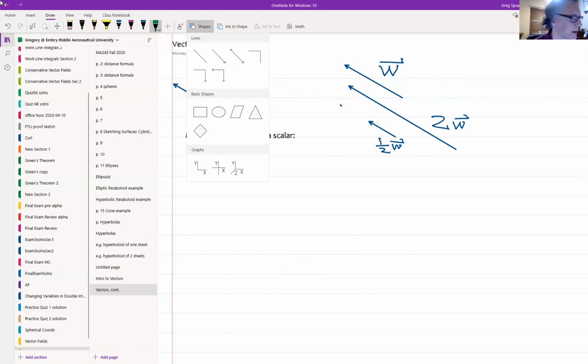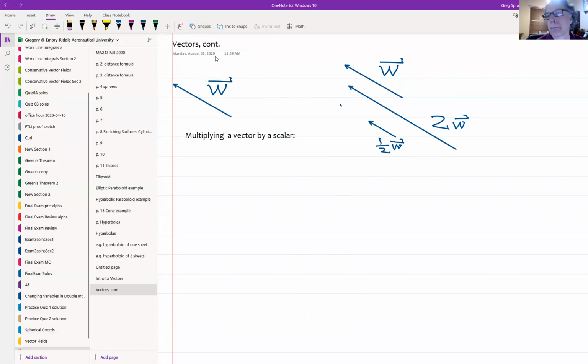You can multiply a vector by a negative number. So negative 3W might look something like that. I'm just eyeballing it. I've tried to make it 3 times as long.